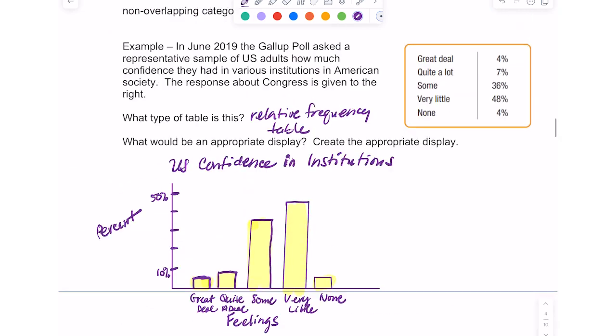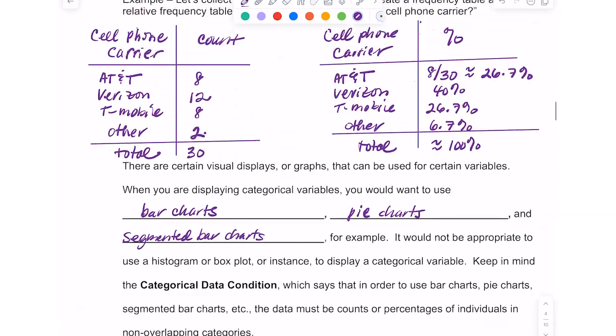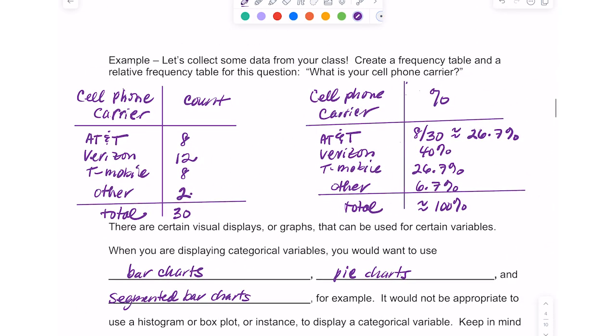So if we go and look at our information on cell phone carriers, I think the easiest type of graph to make would either be a regular bar chart, or you could do a relative frequency bar chart, okay?